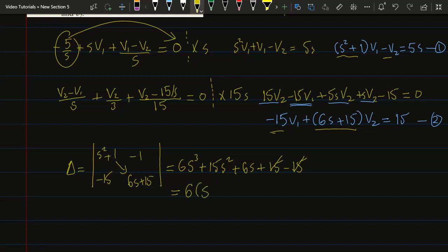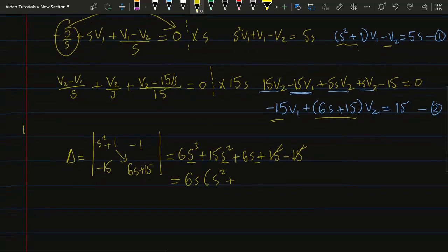So what remains is, and s is repeated in all of these, so I will get 6s as a common factor, and then I will have here s square plus 15 over 6, and 15 over 6 is simply 5 over 2, which is 2.5. So 2.5 s, and when I divide this by 6s, I will get 1.